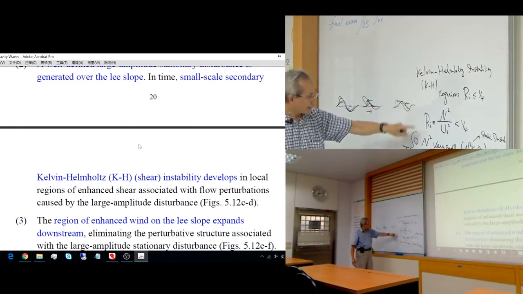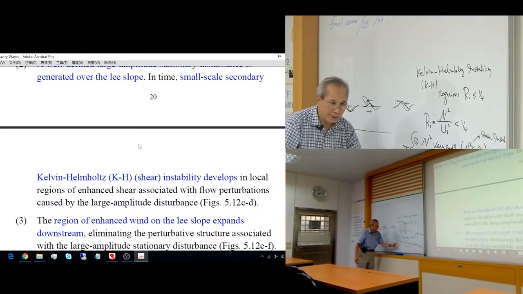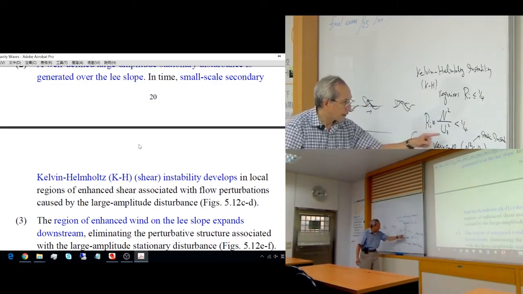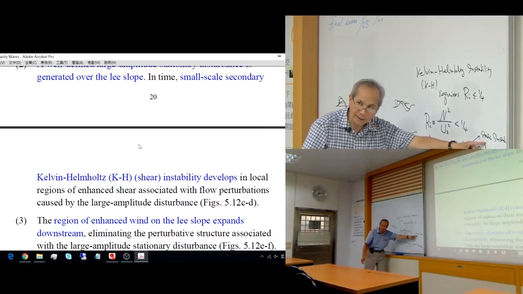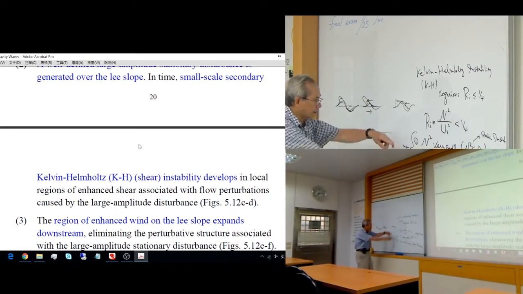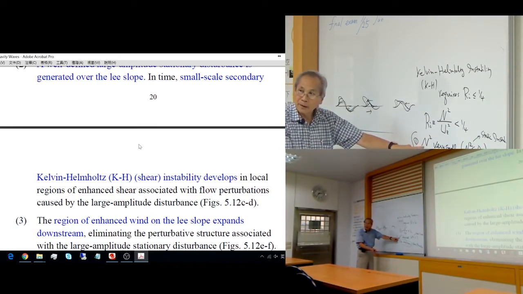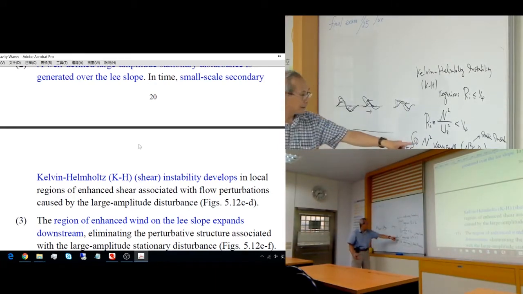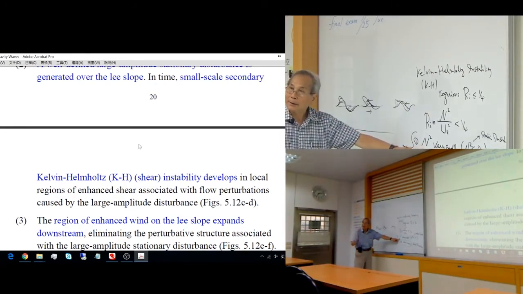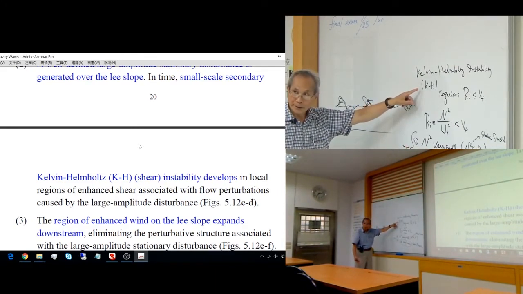You can have this alone very small, or this alone very large; that's shear instability. This alone very small, or even negative, then you have static instability. Together, because this means you need stratification. For shallow water, you don't have this because rho is constant. And when you have them together, it's called Kelvin-Helmholtz instability.